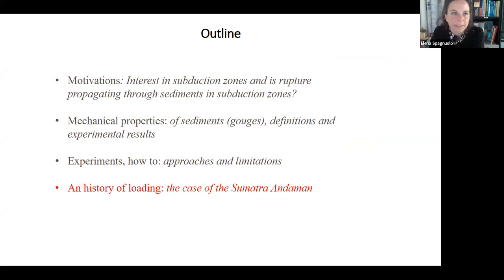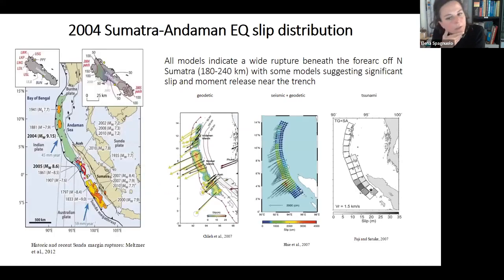So in the very end, this is a new compilation of data I would like to present, which is based on the idea that we try to investigate the frictional properties of these sediments, and a lot of things are still unknown. I take the case of Sumatra Andaman because this is the situation for the 2004 earthquake.